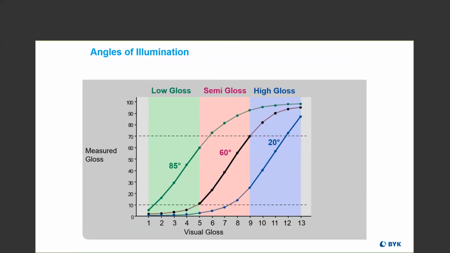I wouldn't take this graphic as gospel for the exact relation between 20 and 60 and 85. It's just meant to be a visual representation. But I think the thing to remember is that it's all relative. There are a lot of variables when it comes to measuring gloss, as we've seen in this presentation, things like curvature, refractive index, the transparency of your material.